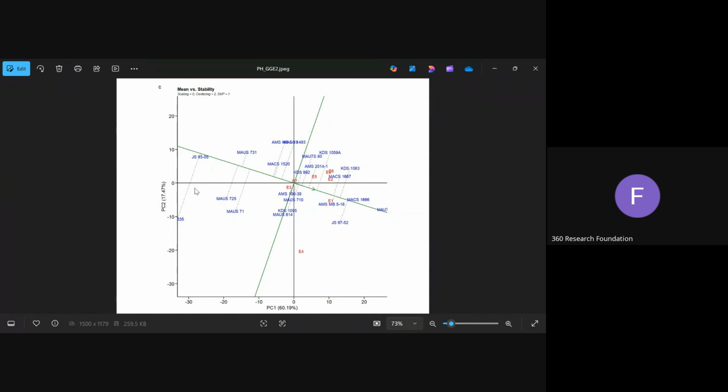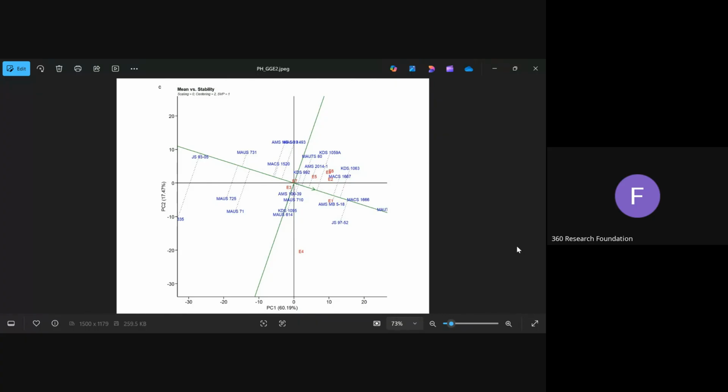This graph is just a ranking of genotypes on the basis of mean performance across the 8 environments. Those in the direction of the arrow end axis are superior performers, and those on the opposite end show low mean performance.